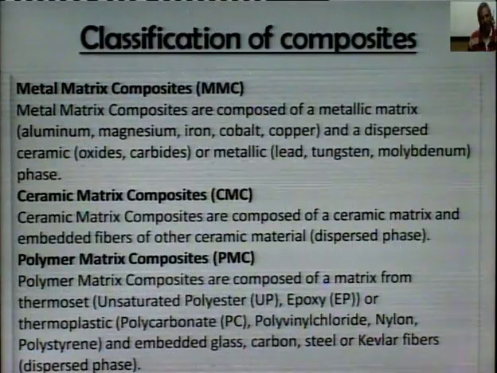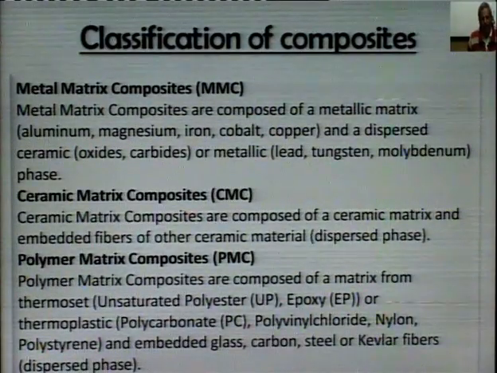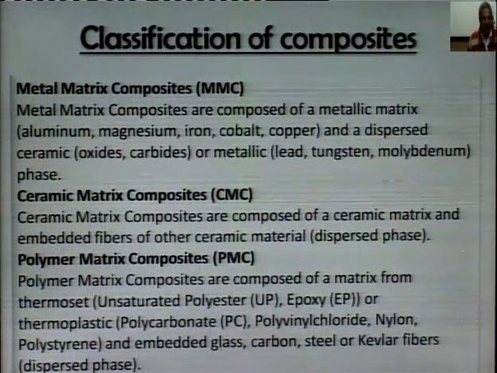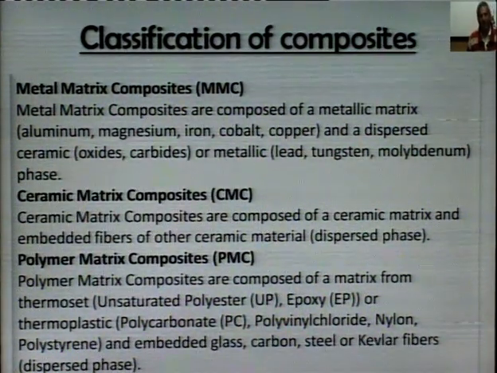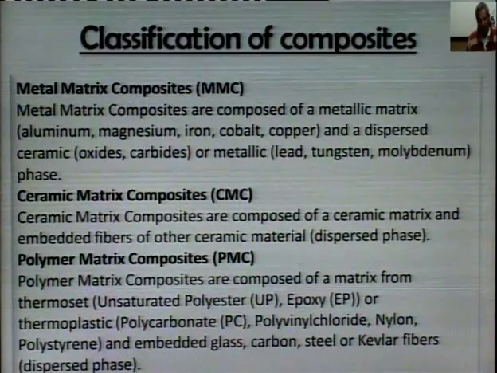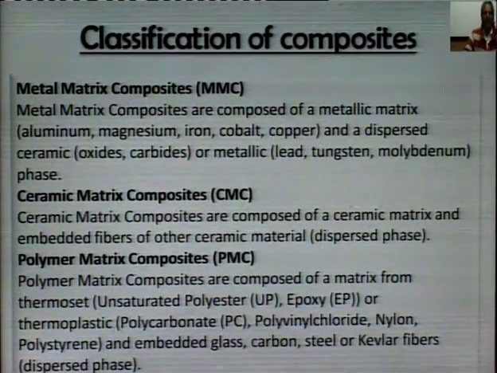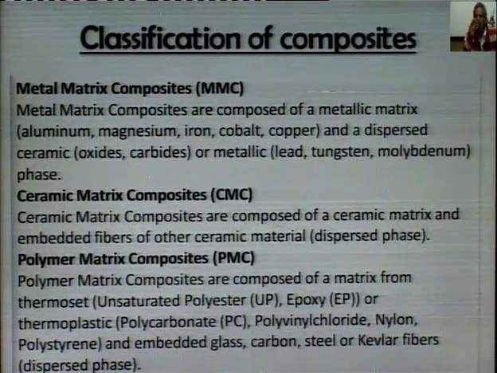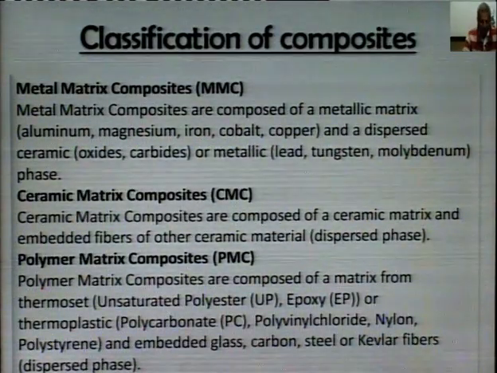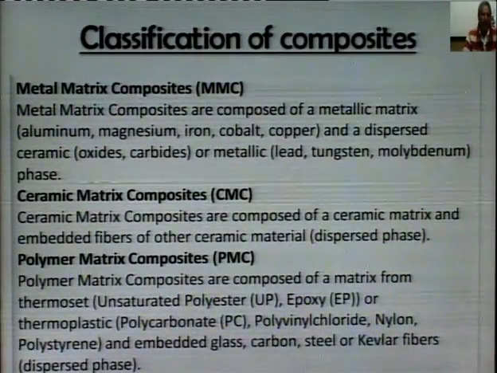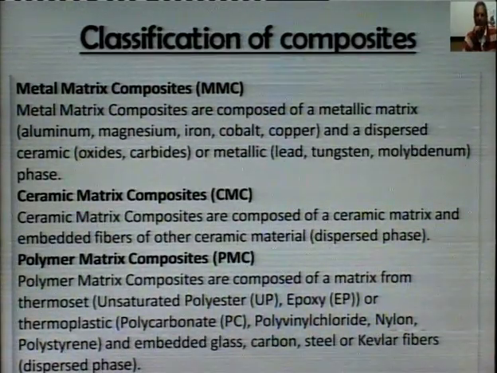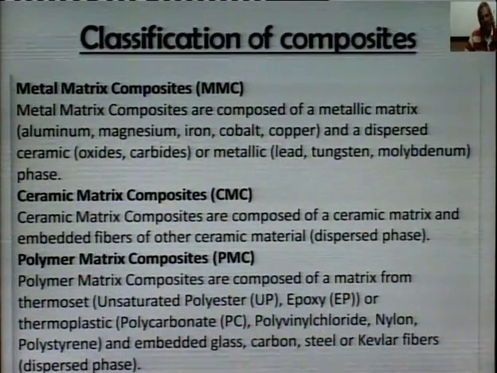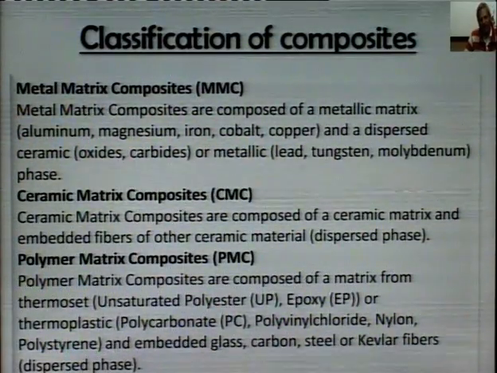Metal matrix composites are composed of a metallic matrix, aluminum, magnesium, iron, cobalt, and copper, and dispersed ceramic, oxide, carbides, or metallic. Ceramic matrix composites are composed of a ceramic matrix and embedded fibers of other ceramic materials.